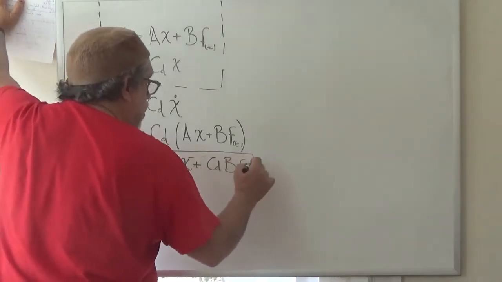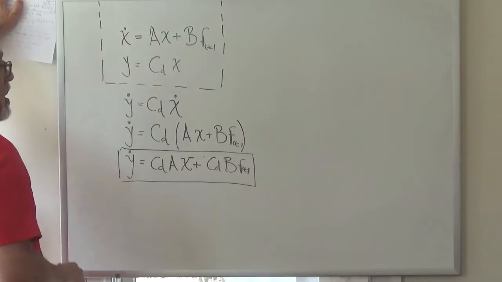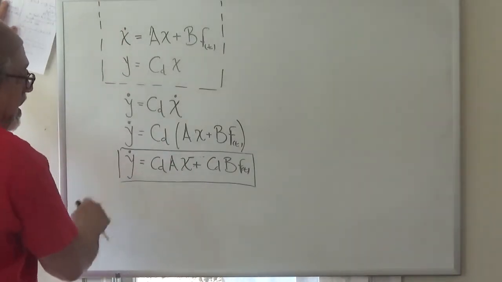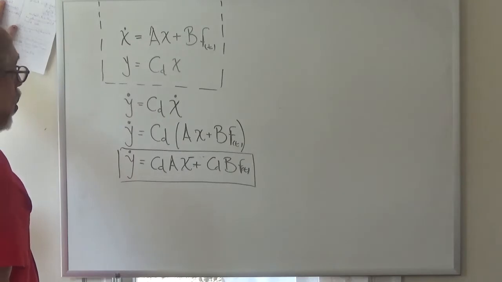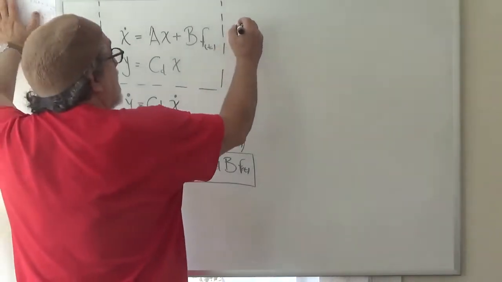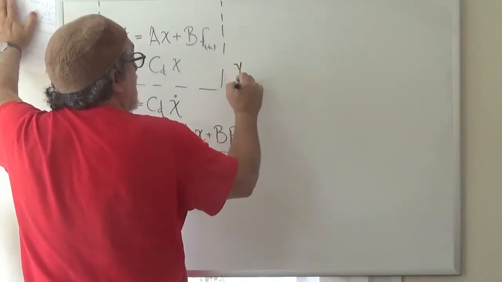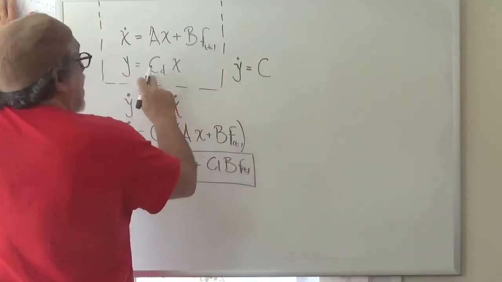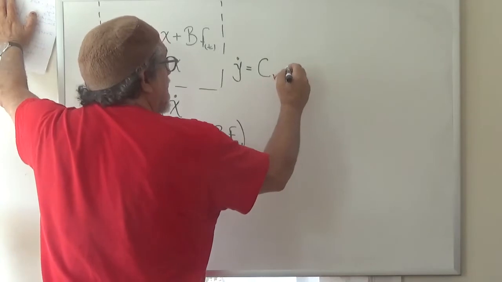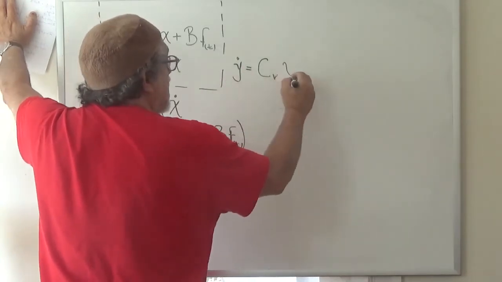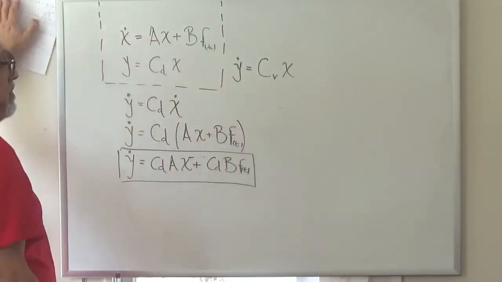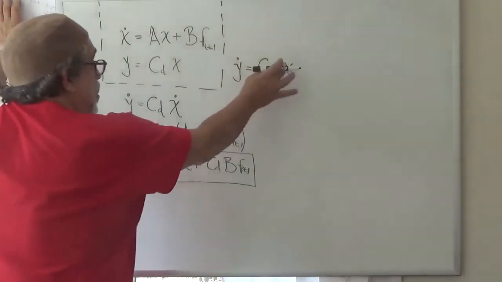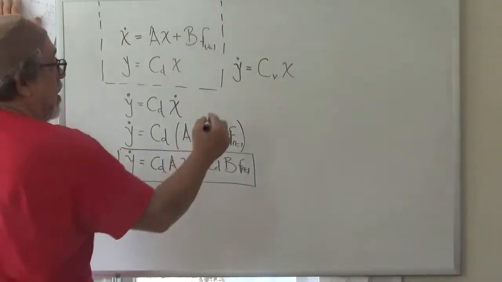So the output equation, had we measured velocities consistently here, would have been this, right? But we know that if we had measured velocities, the equation could have been written just like this. The output for velocity times x, right? And we conclude, therefore, that these two expressions must be the same.